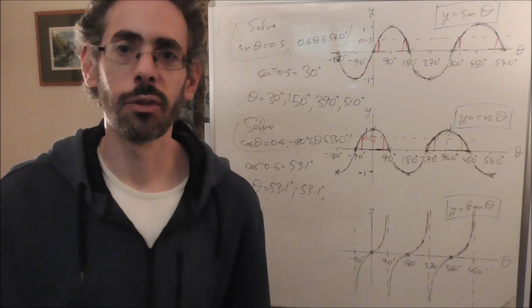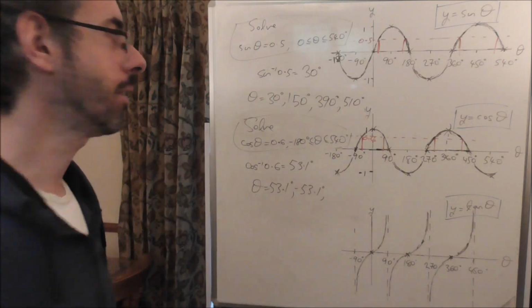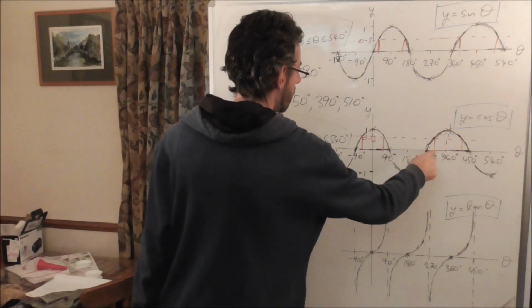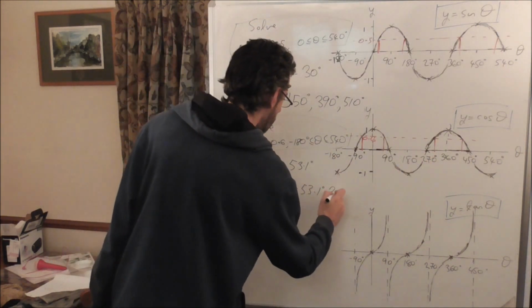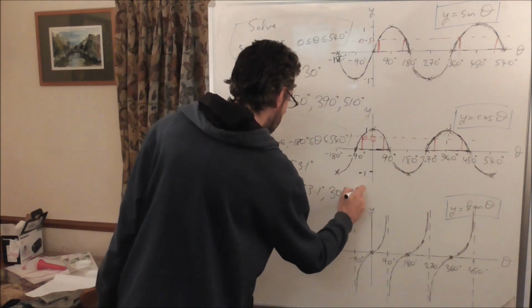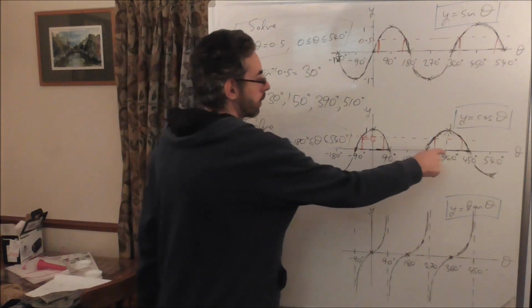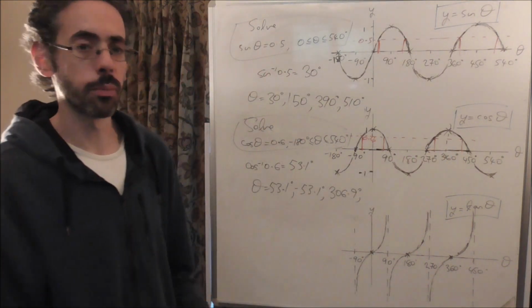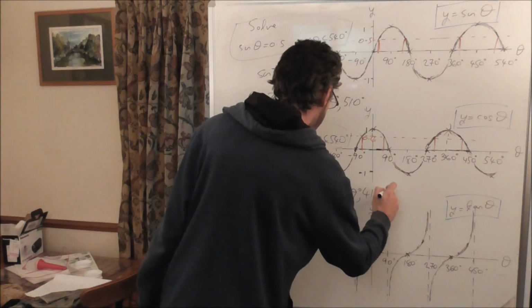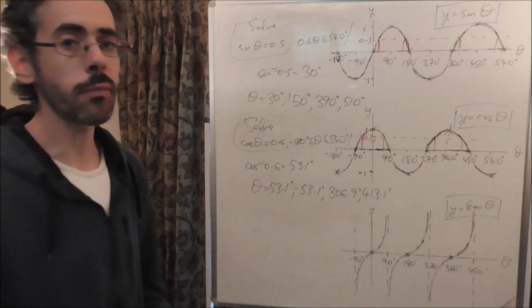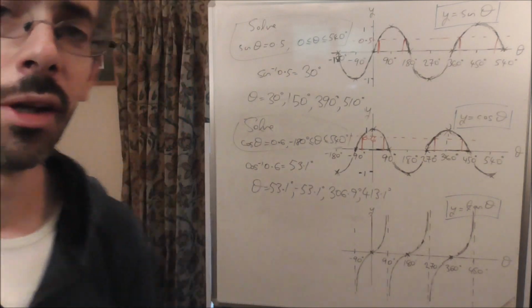They're sort of 53.1 either side of 360. So this angle here is 360 minus 53.1, which is 306.9. And this angle here is 360 plus 53.1, which is 413.1. So those are the four solutions to that equation.